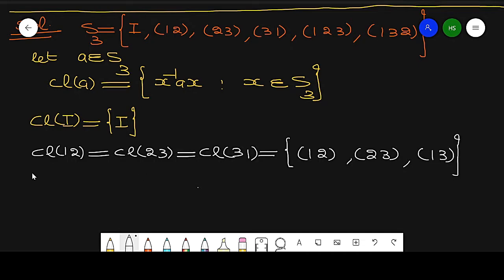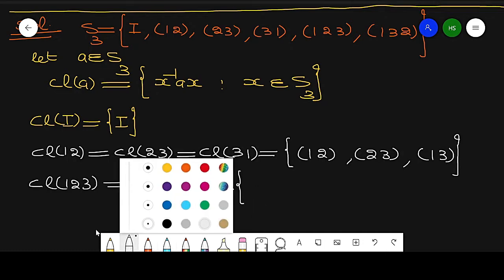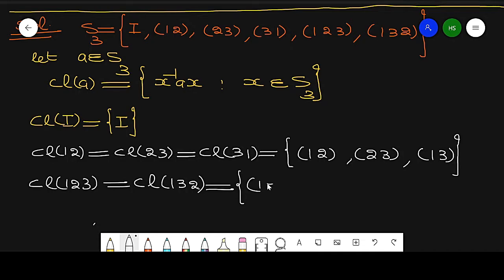It may be written either way, so you can choose any one of the classes. Then the class of (1 2 3) and the class of (1 3 2) are cycles of length 3, so they are the same class, consisting of the elements (1 2 3) and (1 3 2).